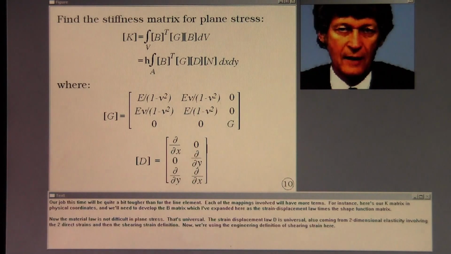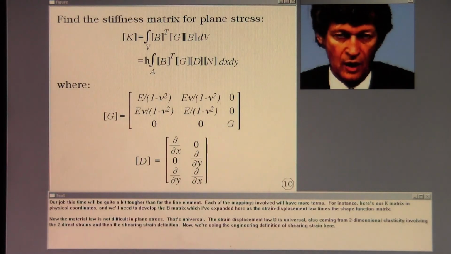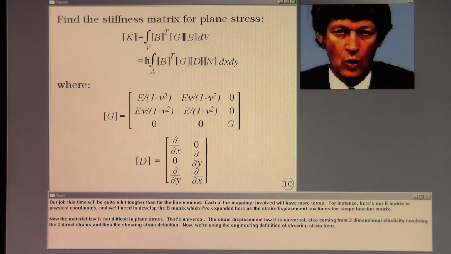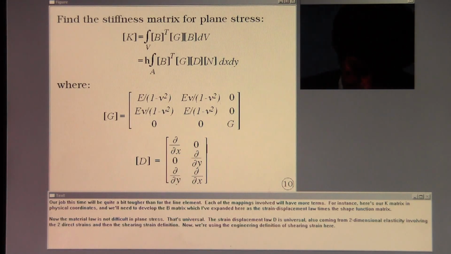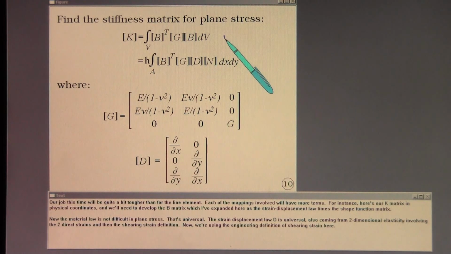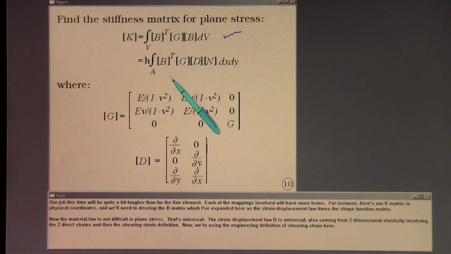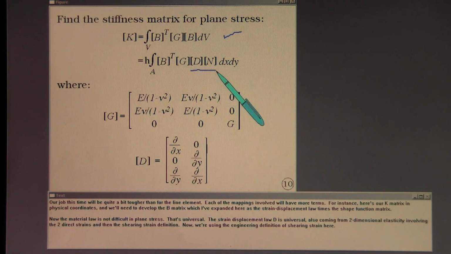Our job this time will be quite a bit tougher than for the line element. Each of the mappings involved will have more terms. For instance, here's our K matrix in physical coordinates, and we'll need to develop the B matrix, which I've expanded here as the strain displacement law times the shape function matrix.